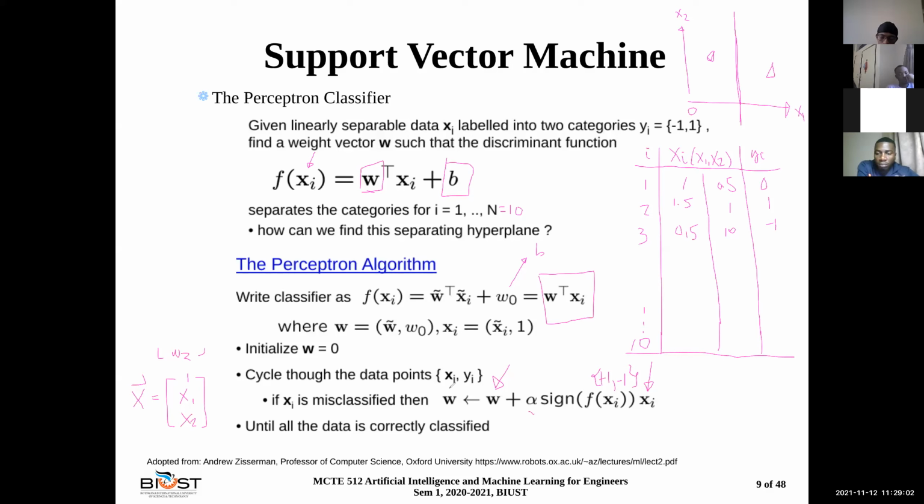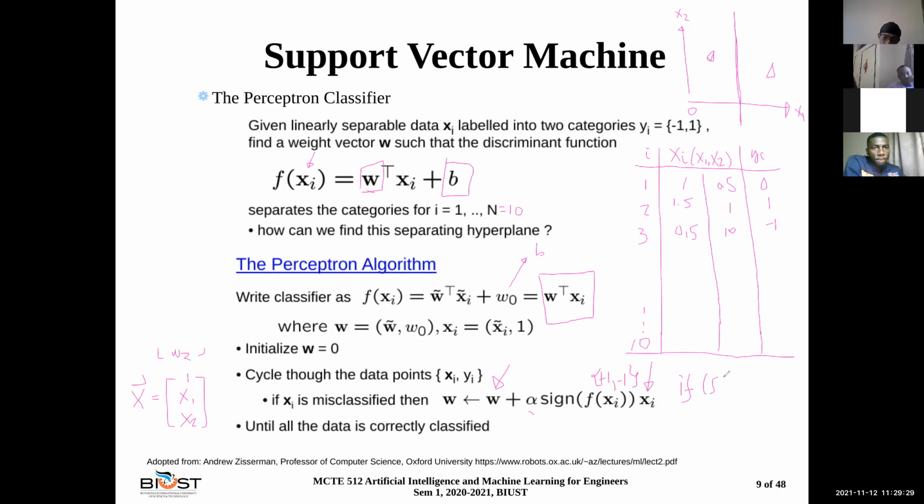If all the data are correctly classified, it's like an if else. For example, misclassification: how do we say that it is misclassified?